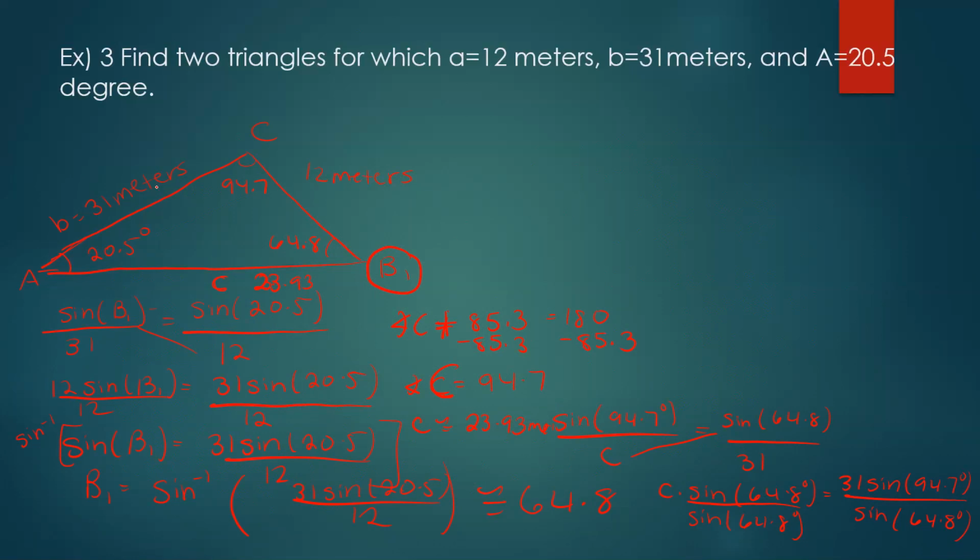Okay, so let's draw another triangle because you can draw two triangles. You can have two B1s. We can have two angle Bs. So maybe we can make B the biggest angle, right? Maybe we'll draw it like this.